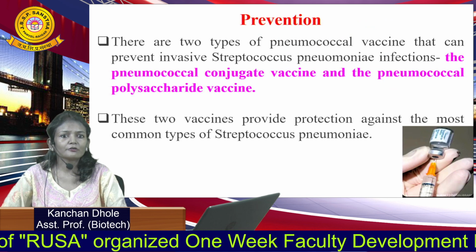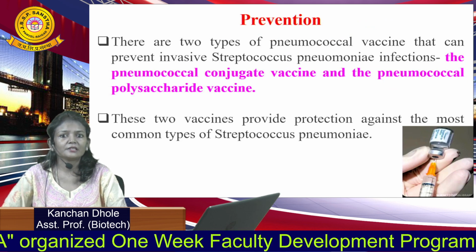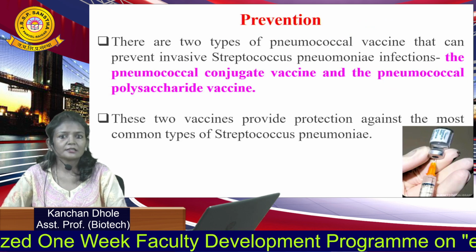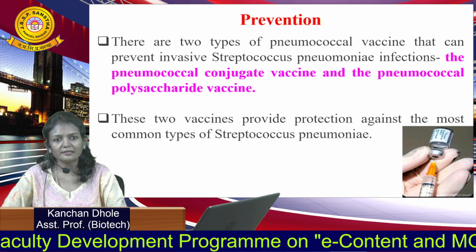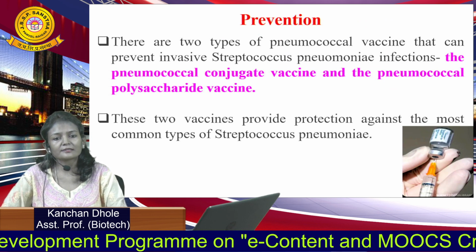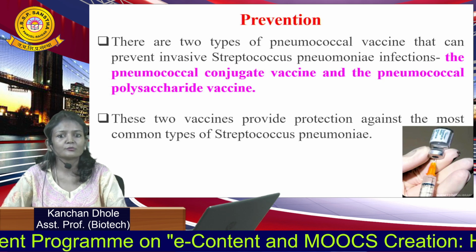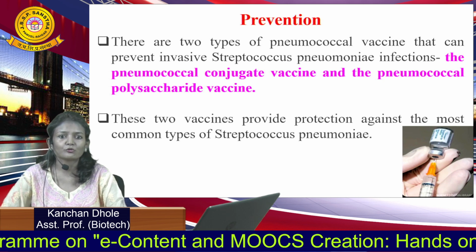There are two types of pneumococcal vaccines that can prevent the disease: the pneumococcal conjugate vaccine and the pneumococcal polysaccharide vaccine. These two vaccines provide protection against the most common types of Streptococcus pneumoniae.